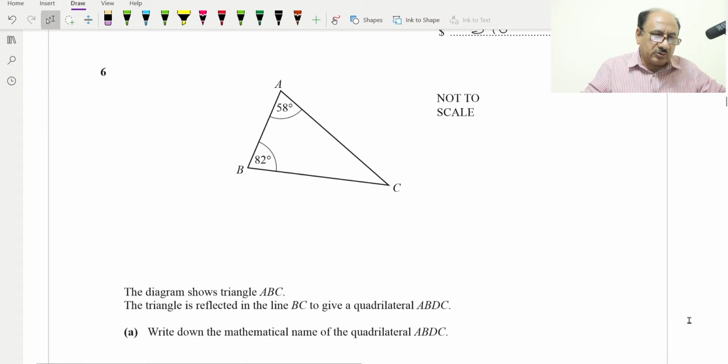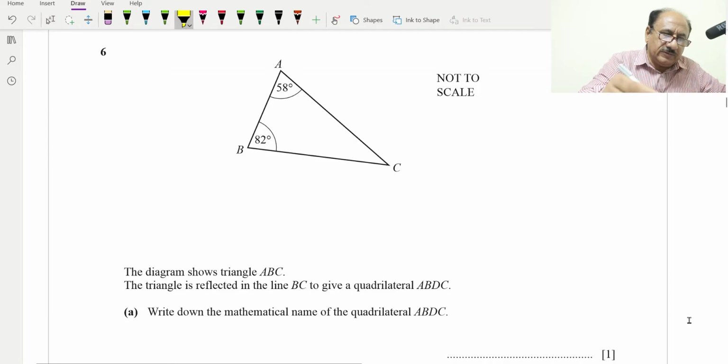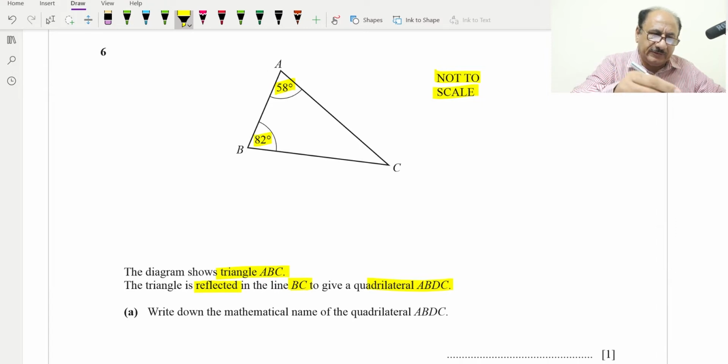Now next, question number 6. A diagram is provided which is not to scale, and they're saying this is ABC, with angles 82 and 58. The diagram shows triangle ABC. The triangle is reflected in the line BC to give a quadrilateral ABDC.